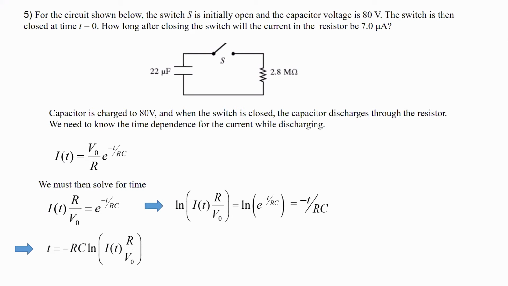And the minus sign, that must carry through. Okay, next step is just to evaluate this. We have all these numbers available to us. Okay, this big M means mega, so that's like 10 to the 6.